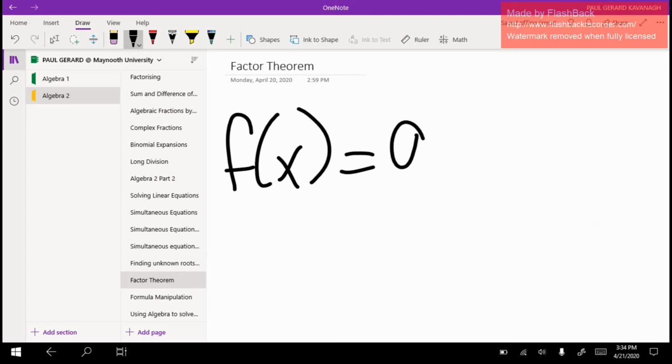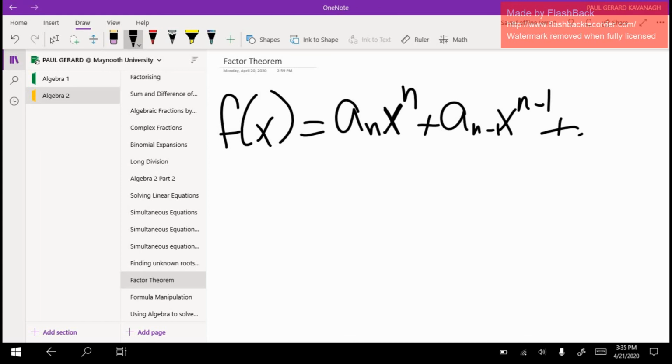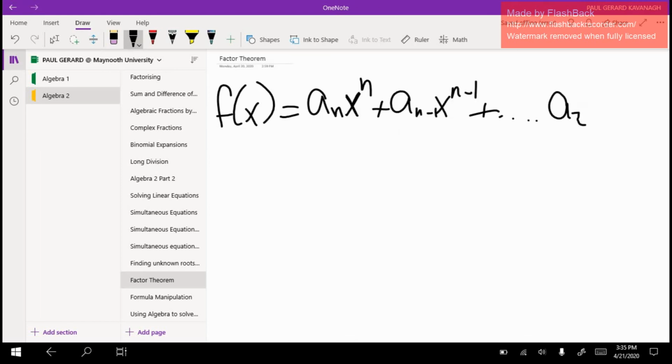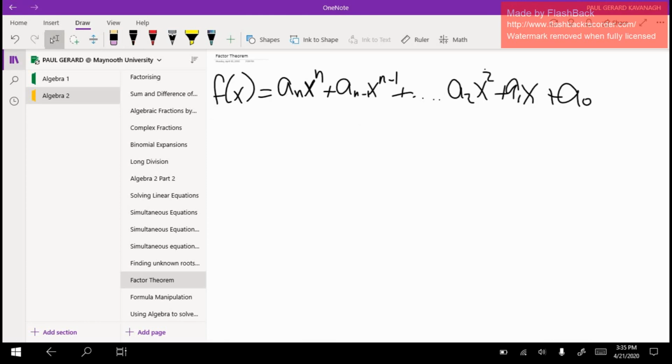You have a function, f of x equals a_n x^n, where a_n is the nth coefficient, plus a_(n-1) x^(n-1) plus dot dot dot plus a_2 x squared plus a_1 x plus a_0.